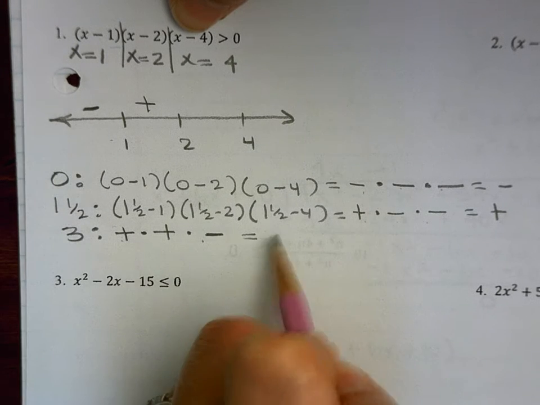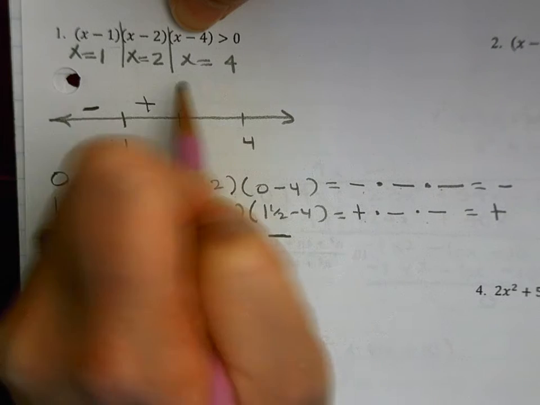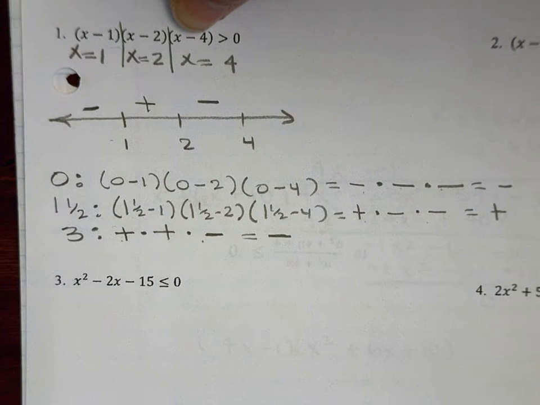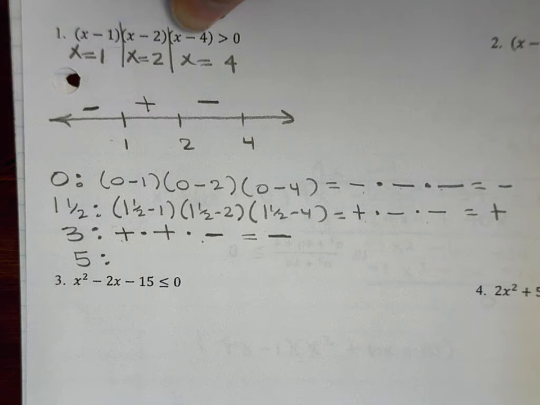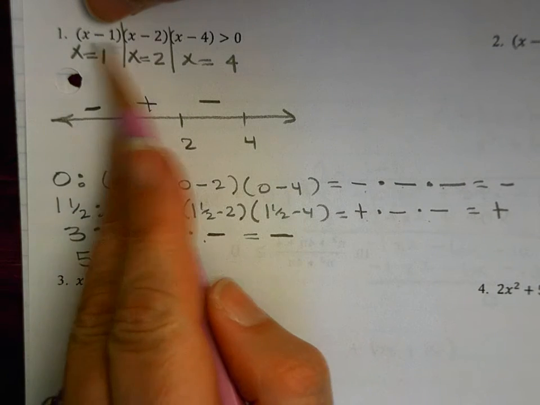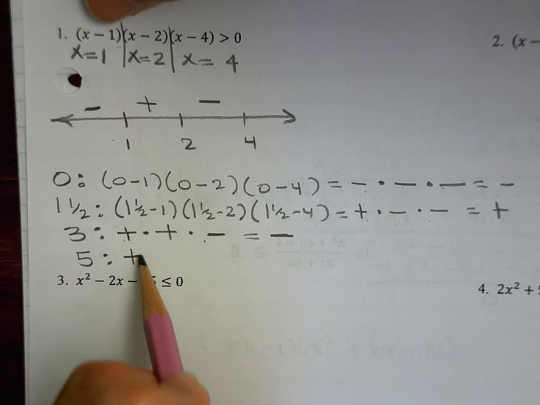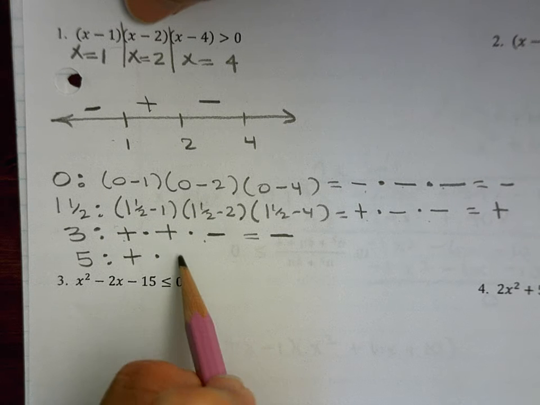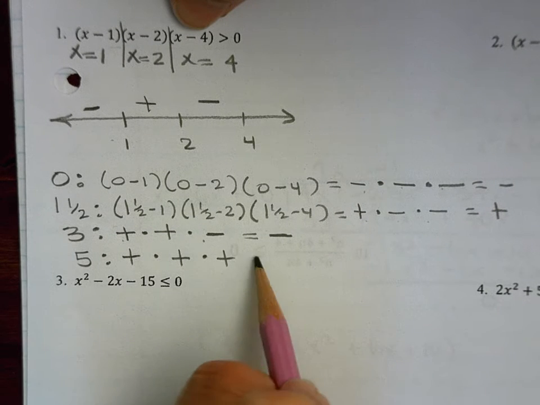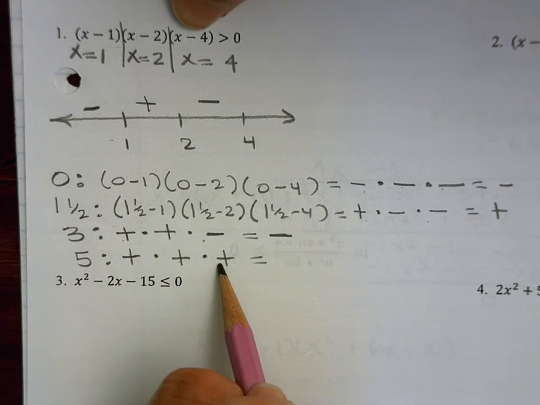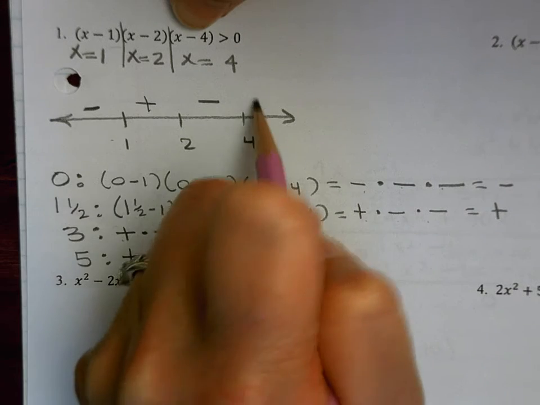When I multiply all those together, I'll get a negative number. And then one more, so let's choose 5. 5 minus 1 is positive. 5 minus 2 is positive. And 5 minus 4 is positive. So when I multiply 3 positives together, I'll get a positive.